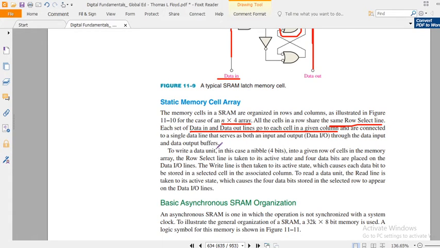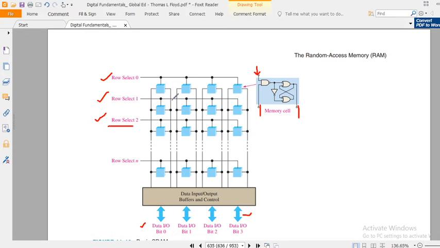Okay, so this single line here, we can treat it either as output or as input, as shown in this figure. So whichever row we select, the data on this vertical line will be available corresponding to that row.